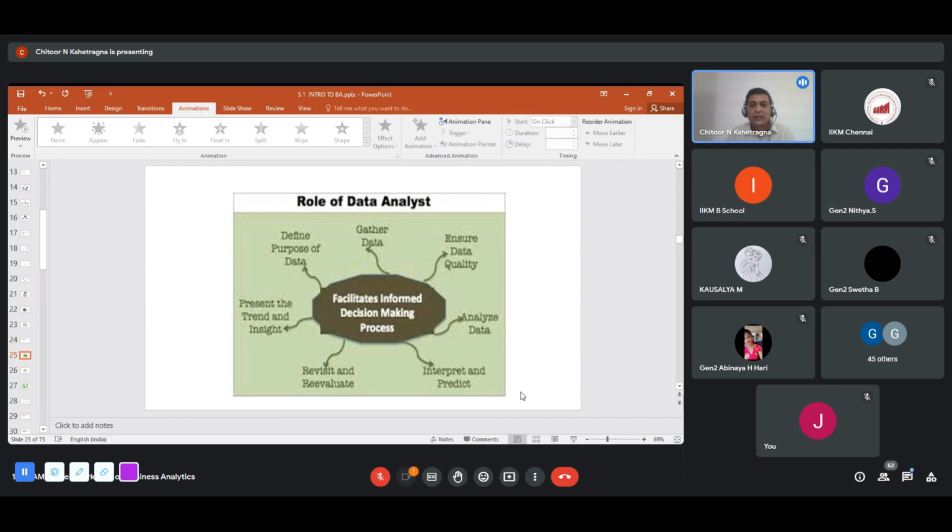Data quality means the right kind of customers answering all the questions, and then you analyze the data using SPSS or Excel. You can use R, Python, and a lot of statistical tools. You can use ANOVA, or K-means clustering. Many statistical tools are there. You analyze them, or you can use a decision tree, and then you interpret and predict.